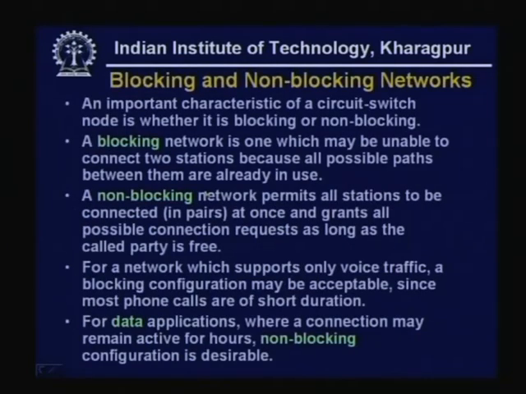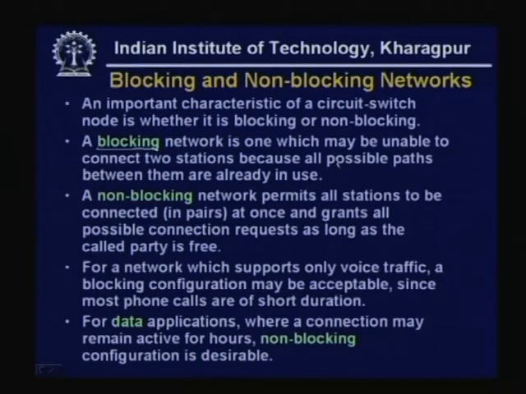Let me introduce the concept of blocking and non-blocking before I discuss the other functions of the crossbar switch. An important characteristic of the circuit switch node is whether it is blocking or non-blocking. A blocking network is one which may be unable to connect two stations because all possible paths between them are already in use.